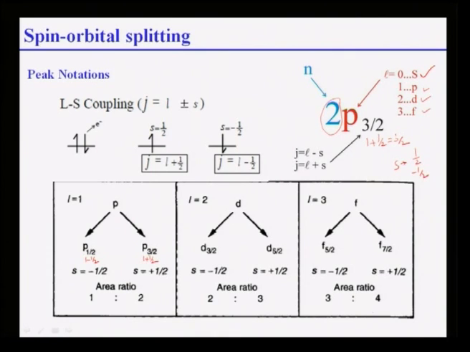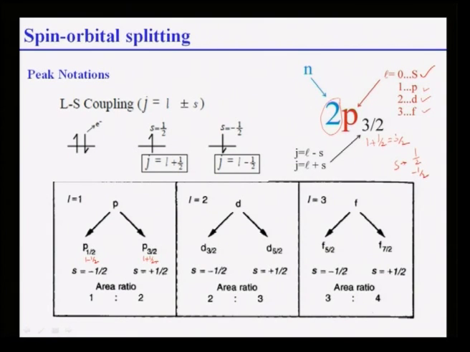So 1 corresponds to L, p equal to 1, that is the azimuthal quantum number, not magnetic quantum number, sorry, and half is coming from up spin. It has been found that the area ratio of these 2 peaks will be 1:2. That means 3/2 will have double the area of 1/2.